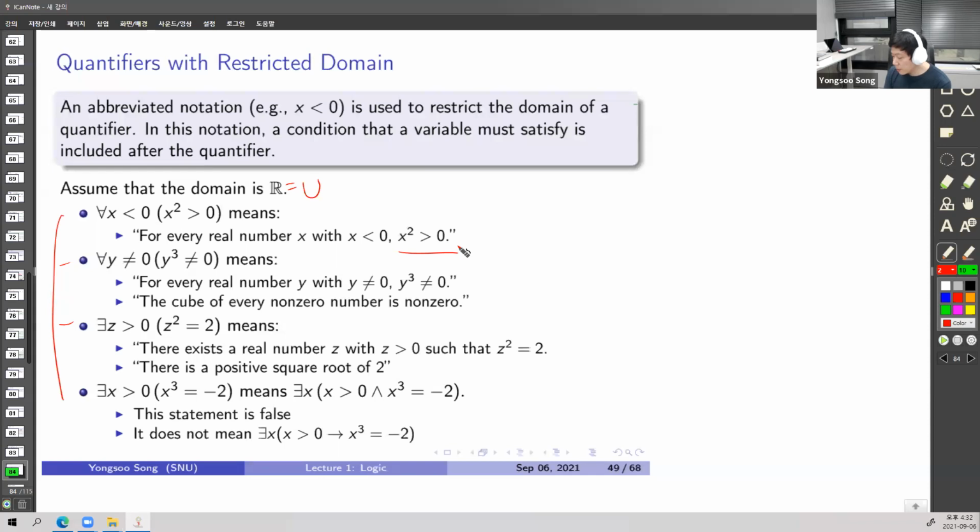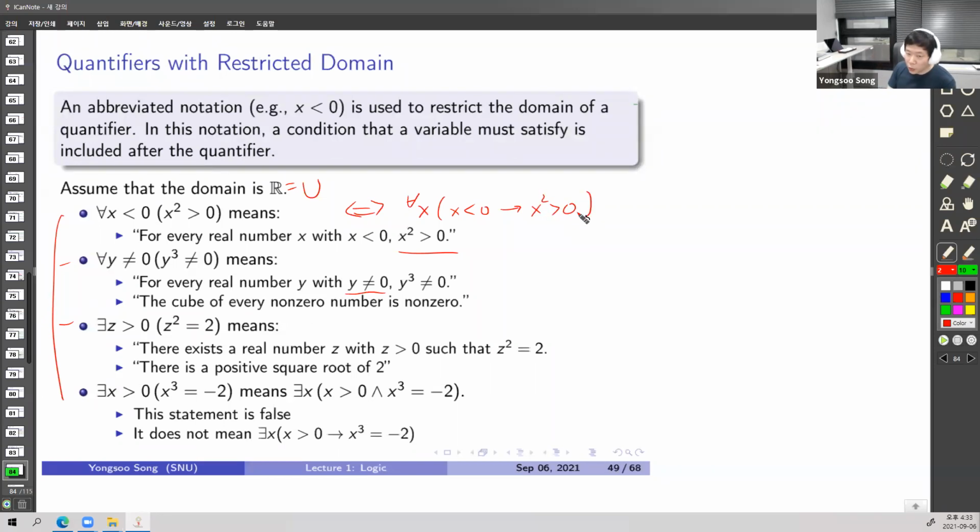And the second one says that for every non-zero real number y, y cubed is non-zero. When we use this universal quantifier, this is in fact equivalent to the following representation: for all x, if x is negative, then x squared is positive.